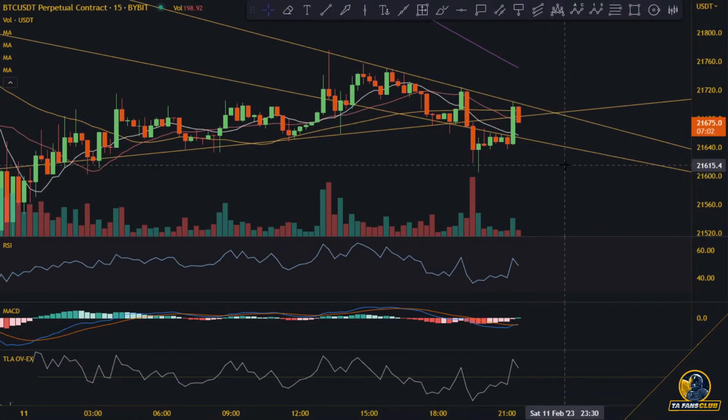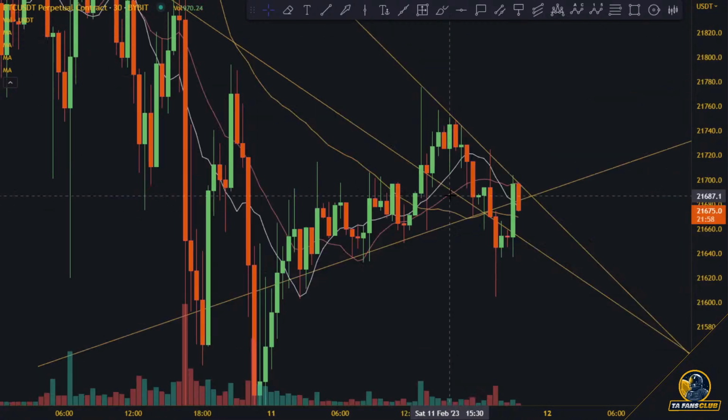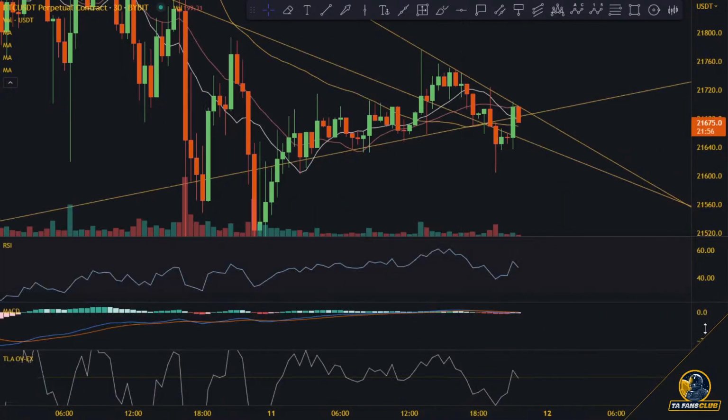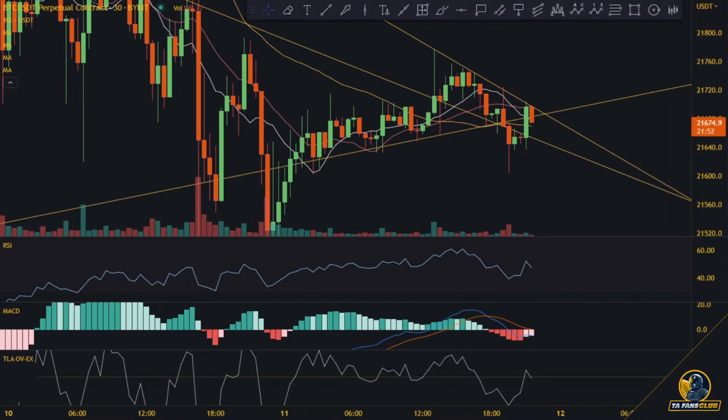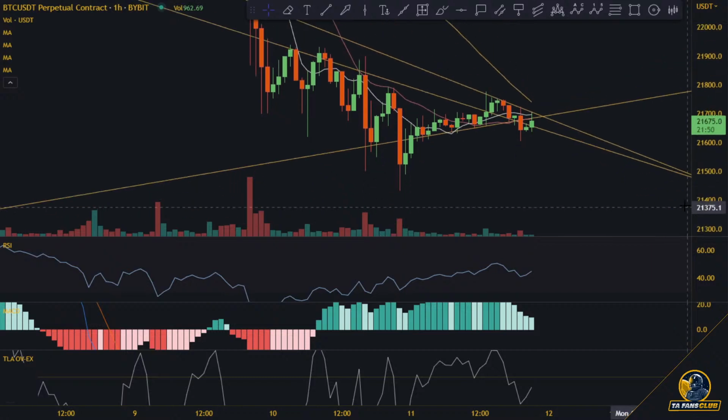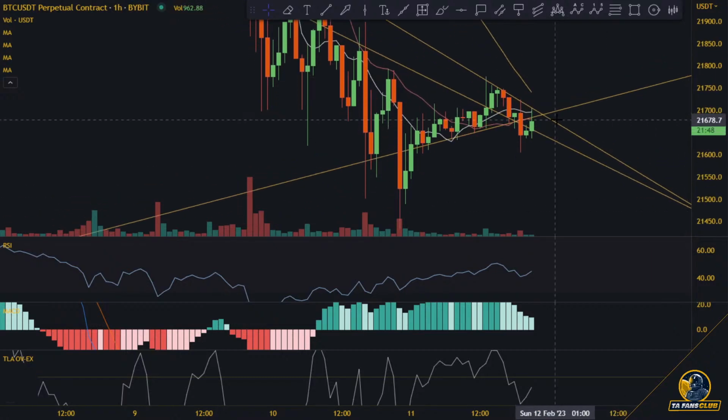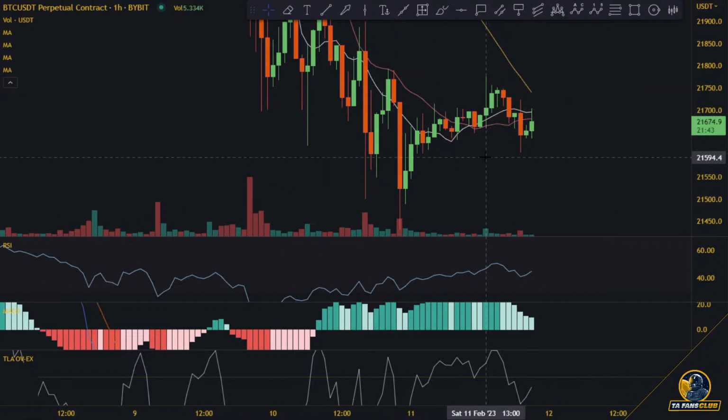This resistance up here. Pullbacks don't mean much. So how do we do this? It's below this resistance up here, 10, 20, 50 moving average. Let's clean up a little bit up here.